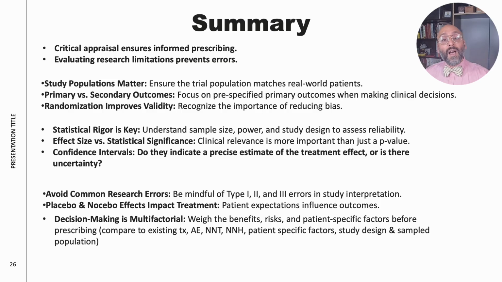Effect size and confidence intervals tell you how much and how certain that effect really is. And we also addressed some common interpretation errors, type 1, type 2, and type 3, because getting the wrong answer, missing the right one, or answering the wrong question all lead to poor care in different ways.